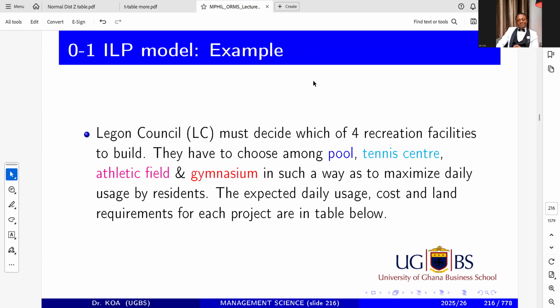So you got to say, let X1 be whether or not, because we already said that this is binary, right? Whether or not to construct a swimming pool. And the rest will follow equally like that.